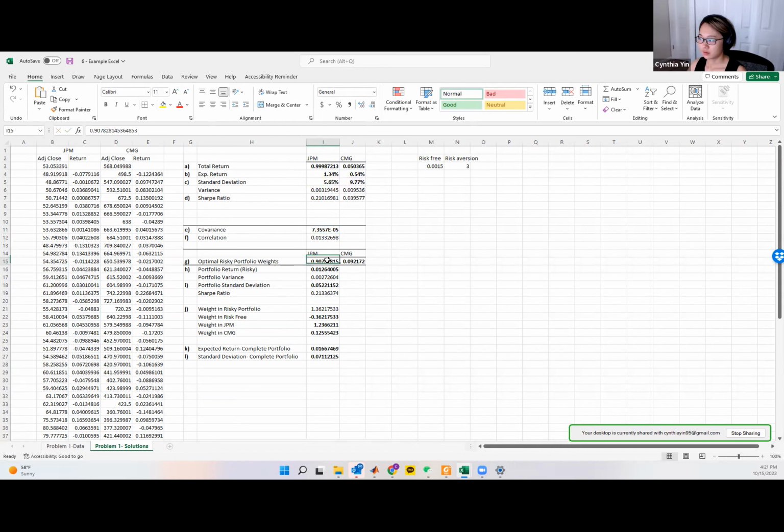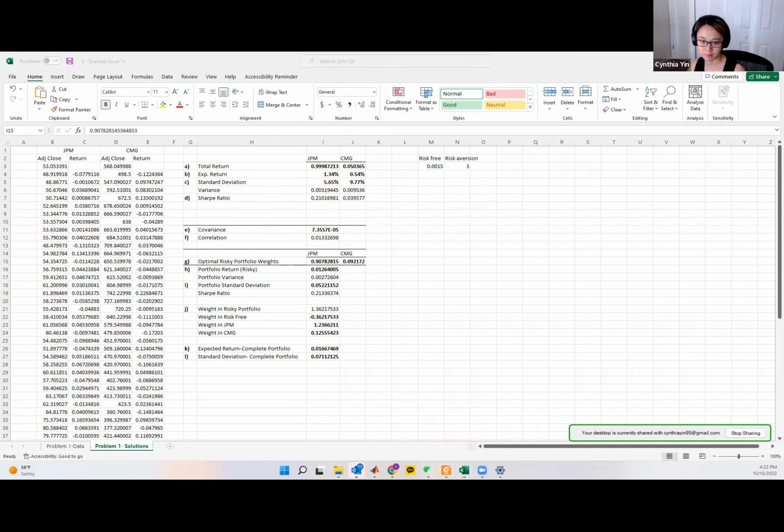So then it asks you to calculate the optimal risky portfolio weight. You can see this number. Why is it an absolute number? I guess from the previous year, they used math, a calculator, to calculate this one. But basically it's following the gigantic formula in chapter 6.